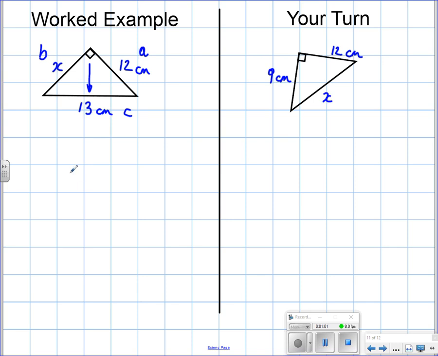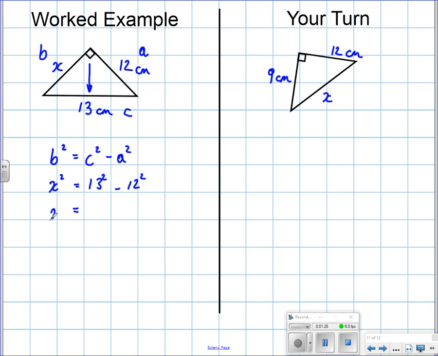And when I come to use Pythagoras' theorem, it's going to be b squared is equal to c squared minus a squared, because it's one of the short sides that I'm going to find. From that point onwards, I can just substitute in values. So I've got x squared is equal to 13 squared minus 12 squared.